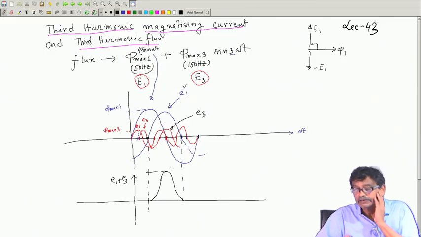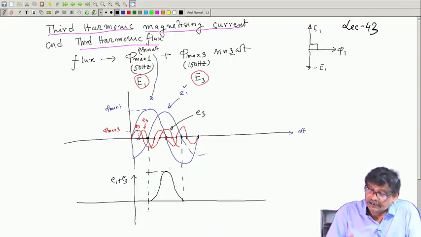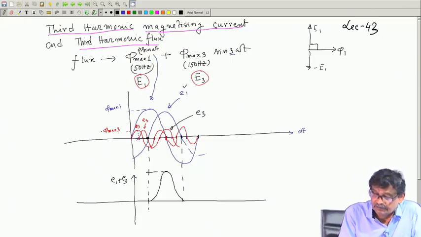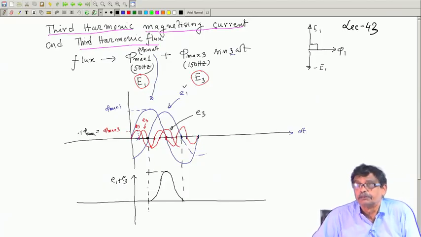Now, the question is, what is the order of the third harmonic flux? It may be of the order of 8-10%. Okay, suppose. Then, if this is phi max 1, phi max 3 will be about 0.1 phi max 1. Suppose, let us do that. Then, this induced voltage third harmonic may be as high as 30%.